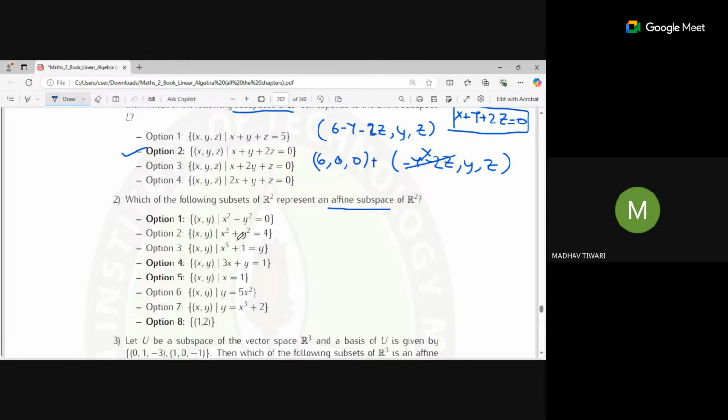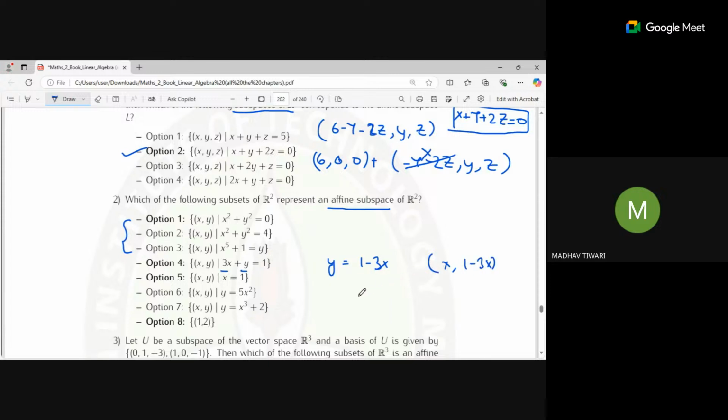Let's leave these three parts for now and continue with the fourth option. If you find the value of y here, you will get 1 minus 3x. So all your points in this form, x comma 1 minus 3x, will be inside your affine subspace, right?